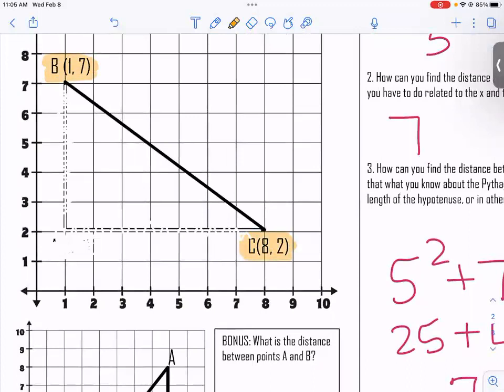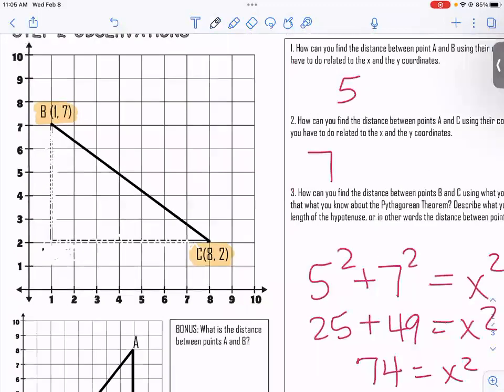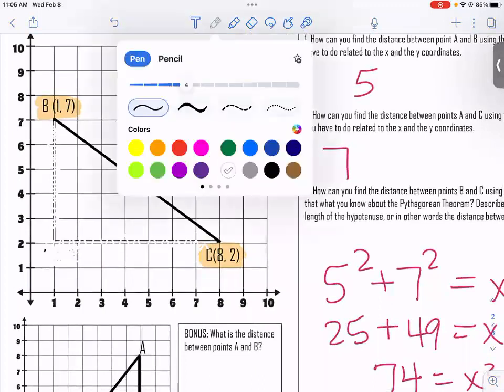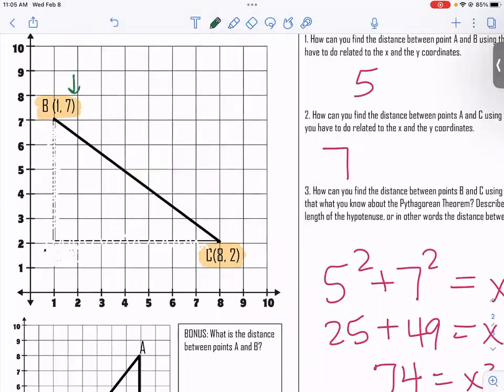All right, well, let's talk about how we got those numbers of 5 and 7. Okay, 5 came from the difference of 7 and 2. What do I mean by difference? We subtracted them. Okay, 7 came from the difference of 1 and 8.